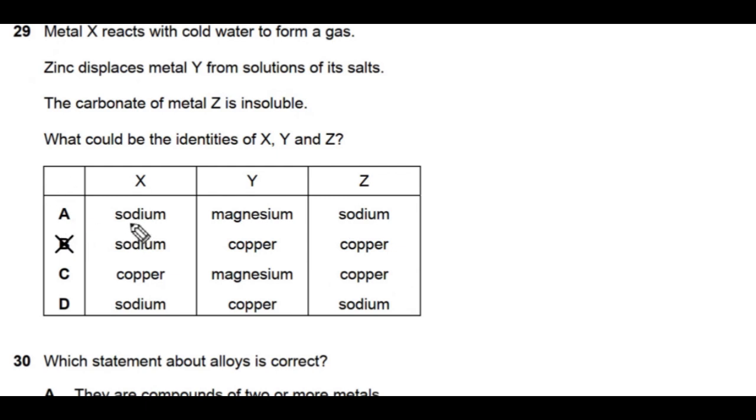Why is the other wrong? Sodium is more reactive than magnesium, but sodium carbonate is soluble, so this is wrong. But the question is asking for insoluble. C is wrong. Why?